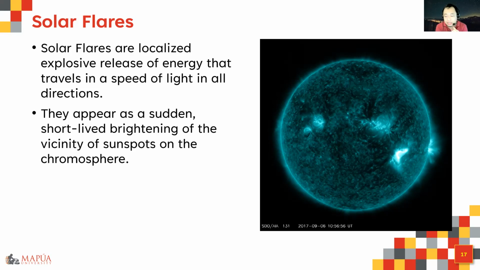It's like a flash of light at the surface of the sun. Again, as I mentioned earlier, it usually happens within the vicinity of sunspots in the chromosphere. So it's not happening in the sunspots themselves, but above the sunspots.